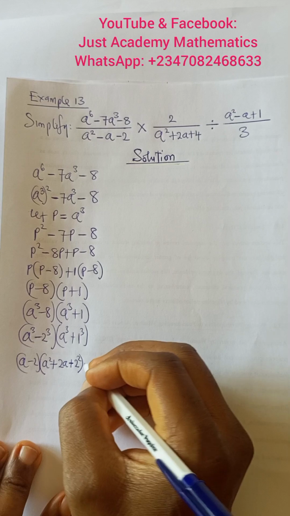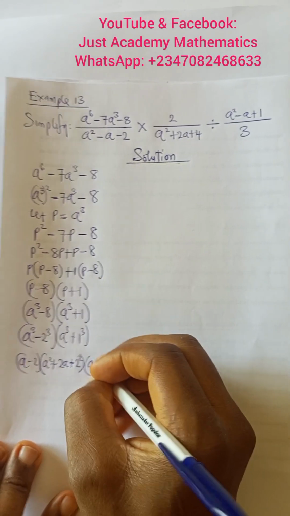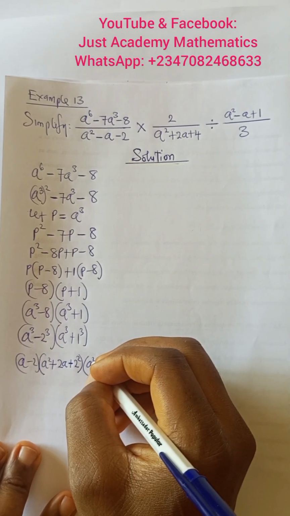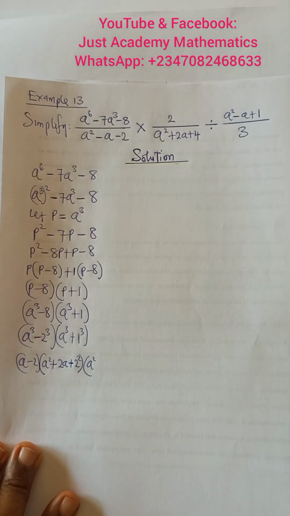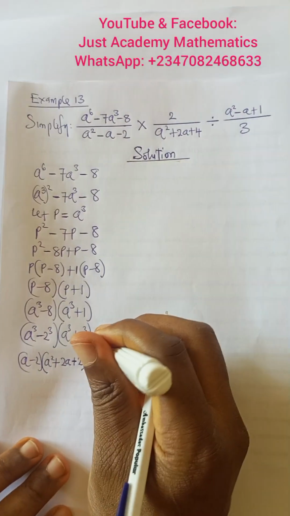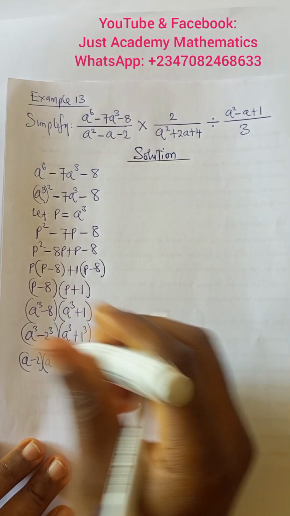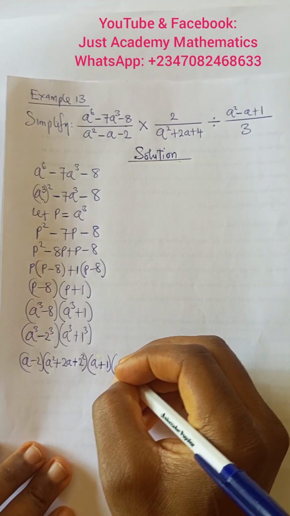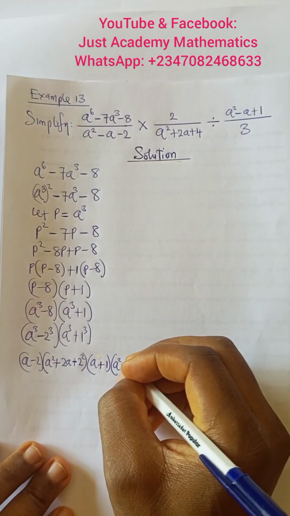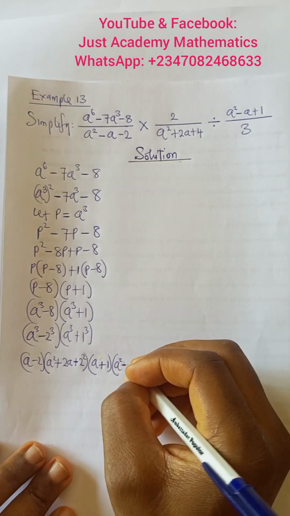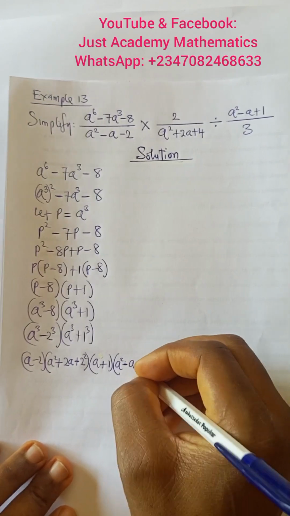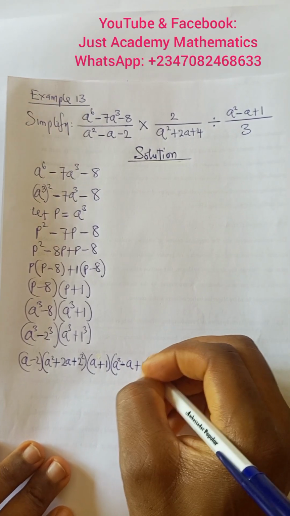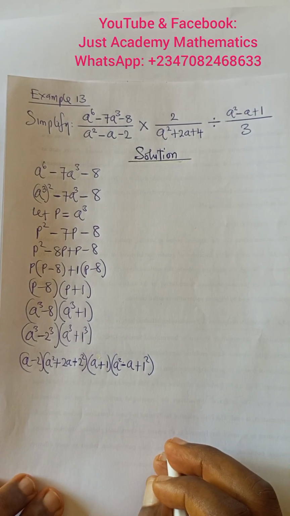The identity of the second is (a plus 1) times (a squared minus a times 1 plus 1 squared).